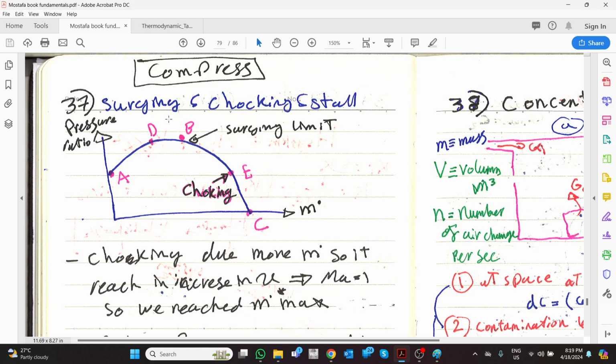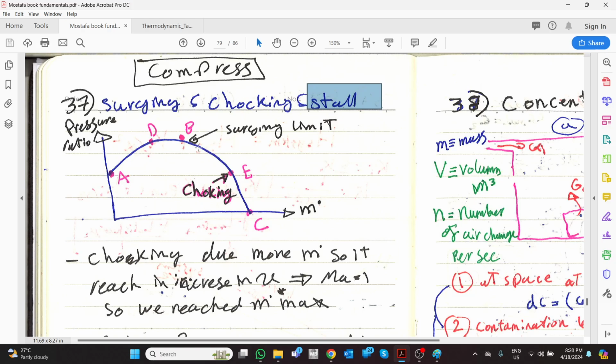There are some conditions in the compressors, or fans even, but mainly the compressor: surging, shocking, and stall. Surging and stall are almost the same; shocking is something else.